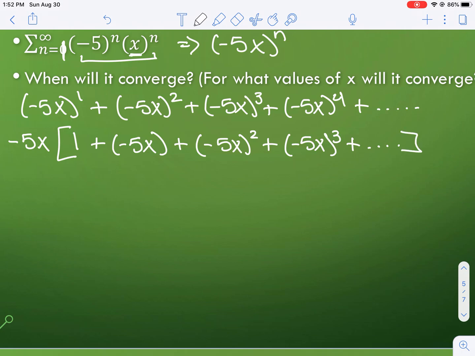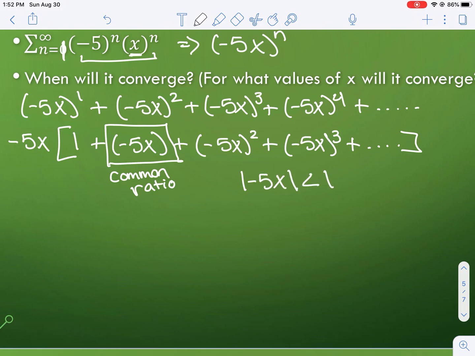So we can now see that yes, it is in fact a geometric series, and this would be the common ratio here. Okay?